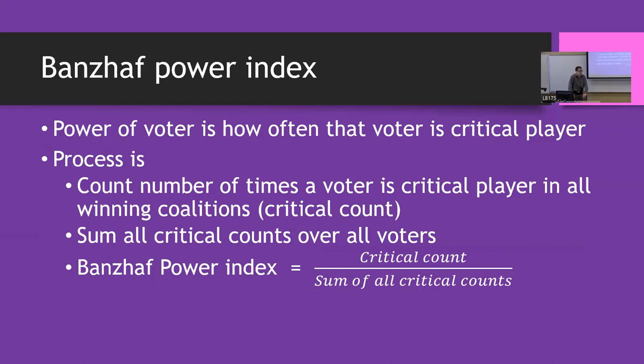That's what we call the critical count. And then the Banzhaf Power Index for that voter is their critical count divided by the sum of all critical counts. In other words, what that's giving them is the ratio of how many times they were important compared to how many times every individual was important.